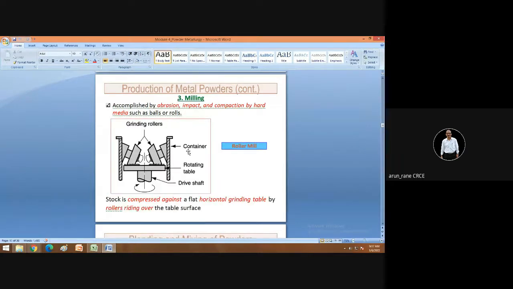The crushing is the most common method. Another method is you have rollers having teeth. So with the help of these rotating rollers, the metal is crushed into powder.